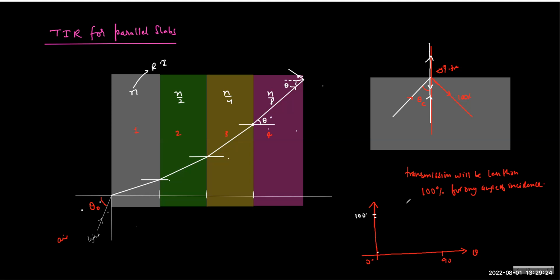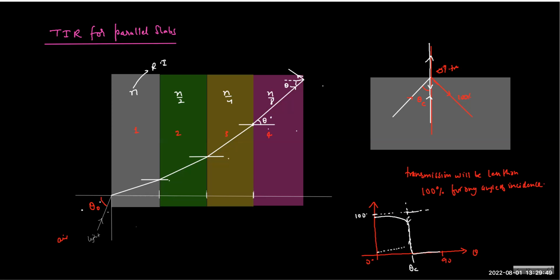Now at the critical angle, the transmission will completely vanish to 0 and reflection will exactly become 100, like this. Understood?